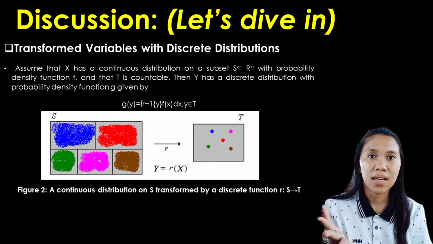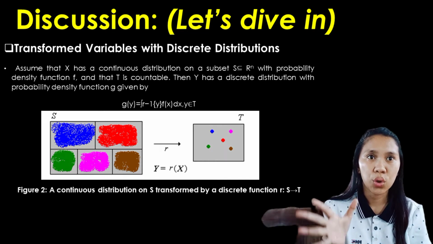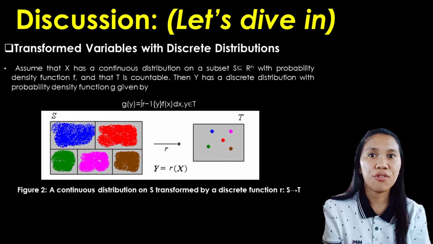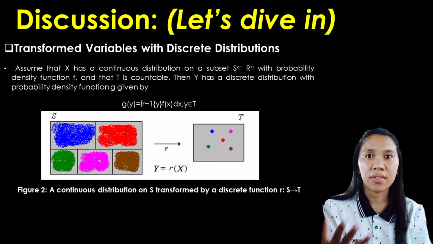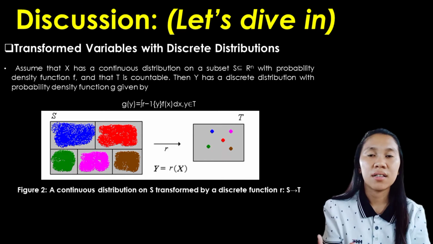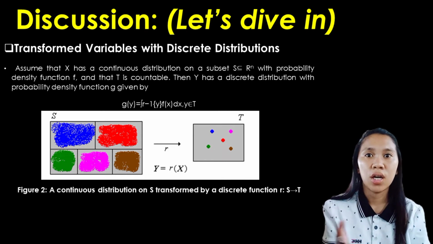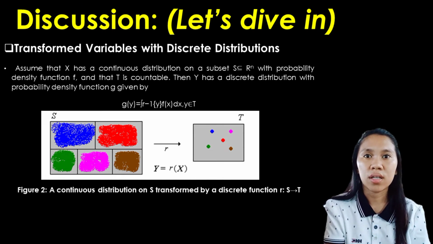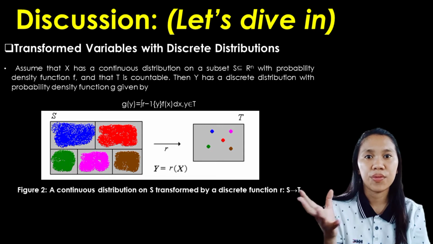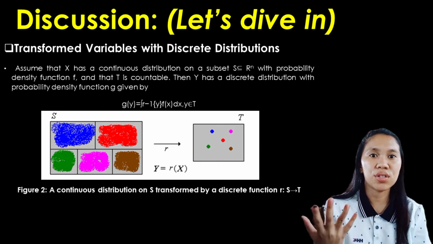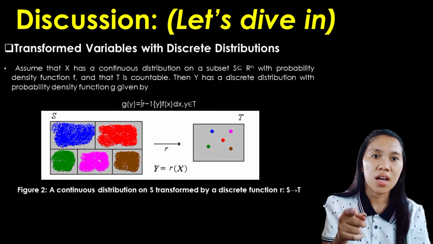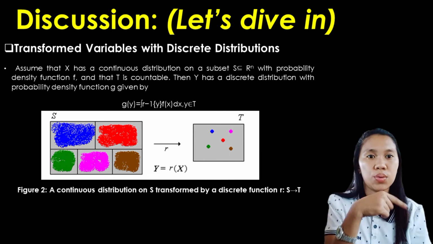Then y has a discrete distribution with probability density function given by g of y equals the integral over r to the power of -1 of y of f of x dx, for y an element of t. And that's the proof of a continuous distribution S transformed by a discrete function r, S going to t.